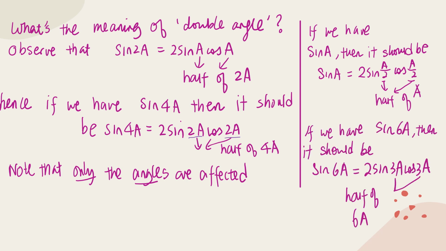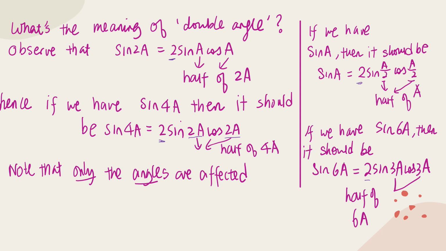And if you have sine 6A, it will be equal to 2 sine 3A cos 3A. Right, so remember, double angle, only the angles are affected. All right, the value 2 remains the same. There's no change. It's only the angles that are affected.